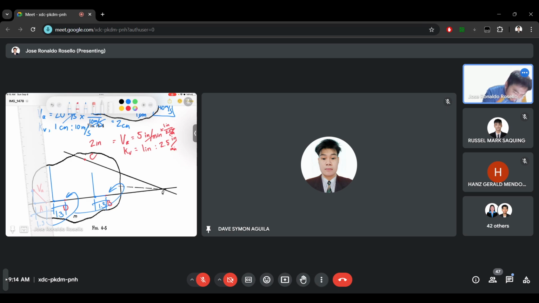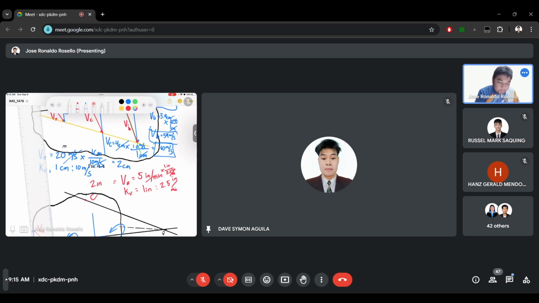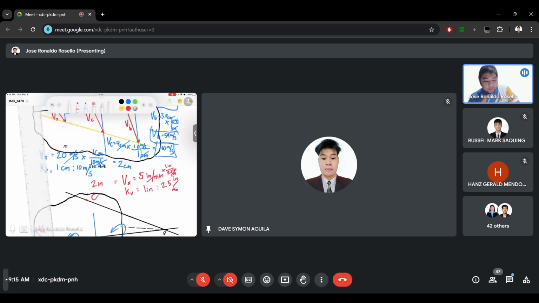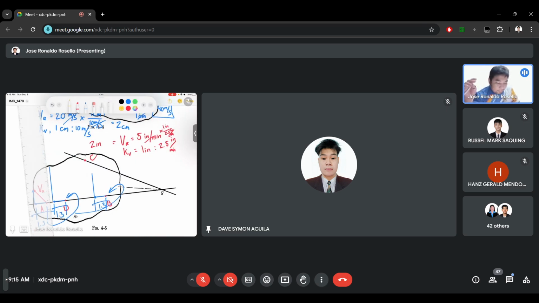But here, you don't know how long the vectors are. So what we can do is make a proportionality line again. But the difference here is that previously, we made the proportionality line because we knew the direction of point B. Now, we don't know the direction of point B. We have only one given vector, which is VA.